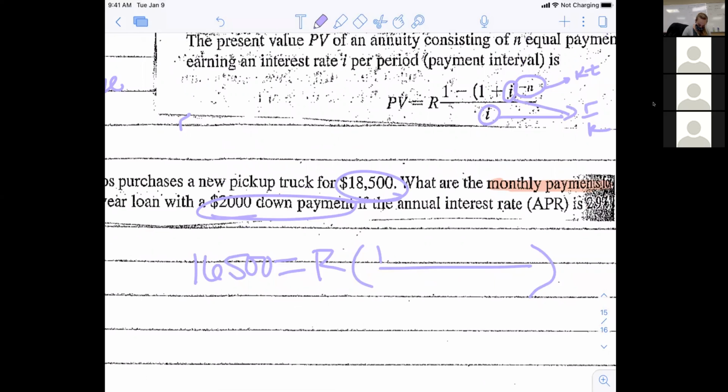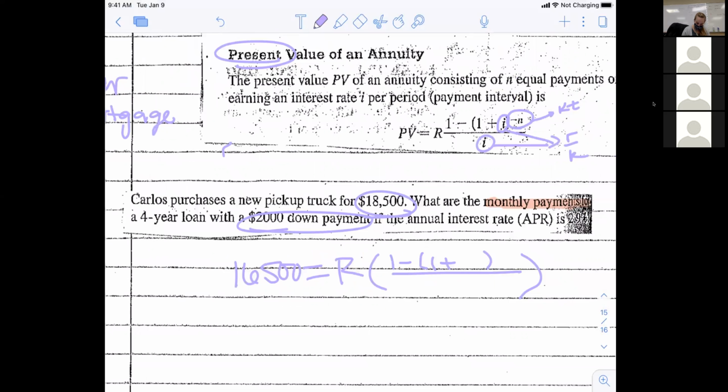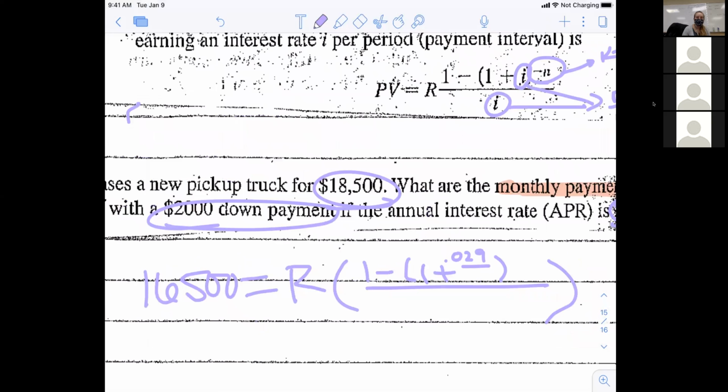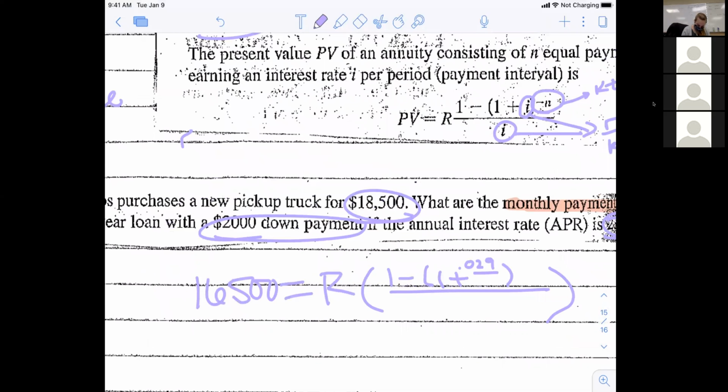I know that I've got 1 minus 1 plus, and then it says I. Remember, I is your R divided by K. So R, it's kind of dark on your sheet, but it's at 2.9%. So I'm going to do 0.029. He's making monthly payments, so I'm compounding monthly. So my K is 12.